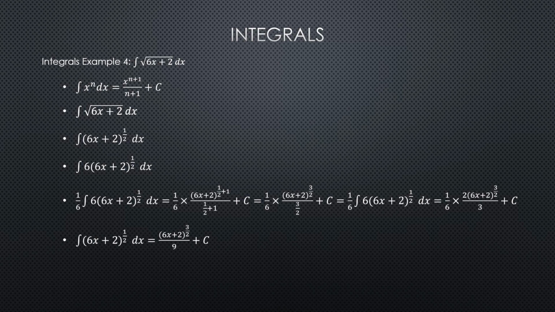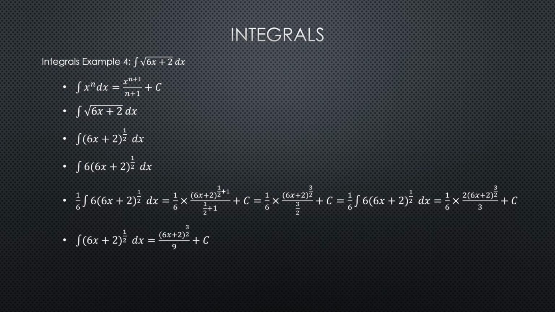And now in the next one over, you've got (6x + 2)^(3/2). We're just simplifying, doing the algebra, over 3/2 plus c. Then we've simplified even more, and we've got 1/6 times 2/3, times (6x + 2)^(3/2) plus c, and that all simplifies down to (6x + 2)^(3/2) divided by 9 plus c.